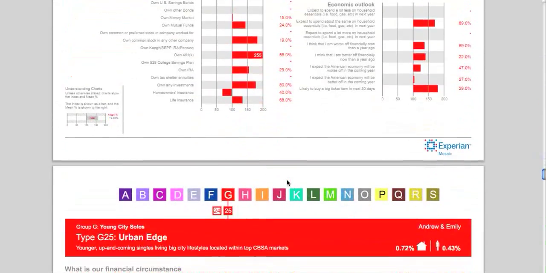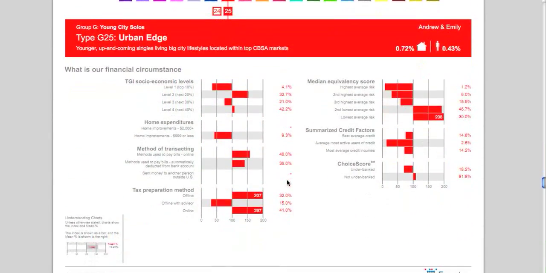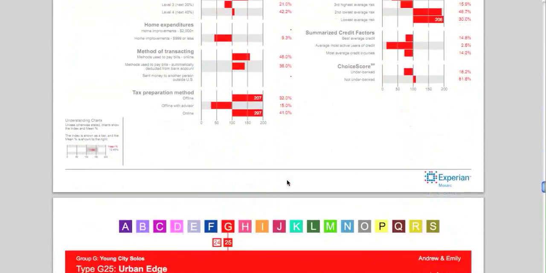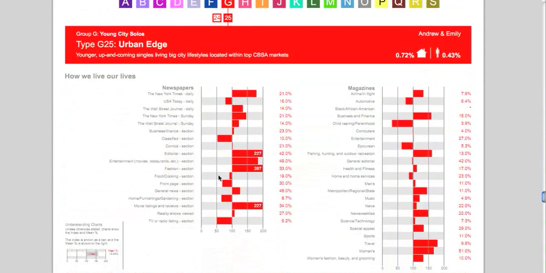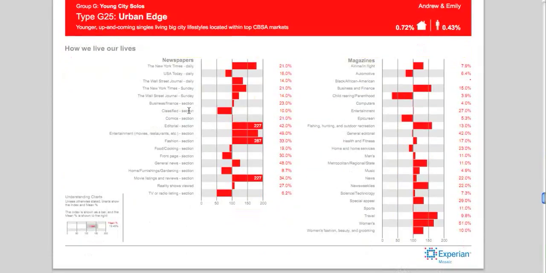And so further on down, we start to see lifestyle and media behaviors. Here's newspaper, and they actually break it out into the major papers that are read. And I thought it was interesting to actually talk about the sections that are read: business, finance, classified, comics, editorial, magazines over here that are read, how we live our lives.